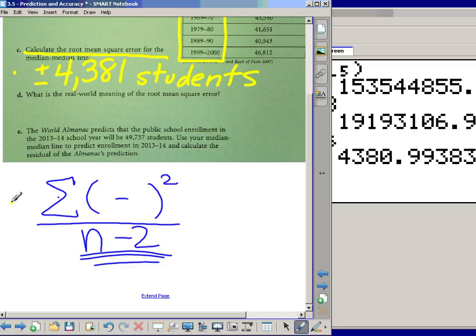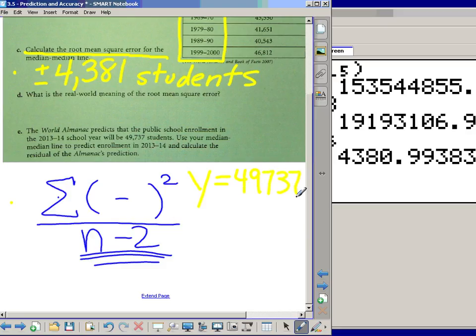Okay? Finally, in Part E, they want us to see how accurate the World Almanac's prediction is for the 2013-2014 school year. 49,737 students are predicted. Now, let's treat that as our Y. That's an actual data point.